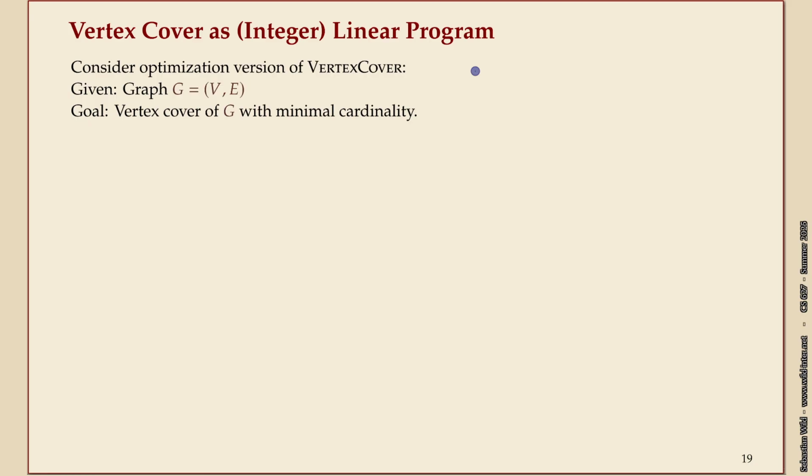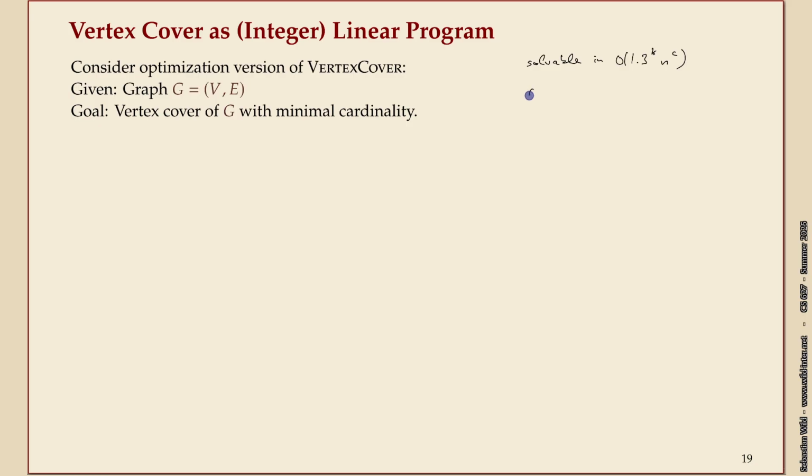Well, this was the best result that I only cited in the previous unit. So we know that, from the perspective of fixed parameter tractability, this is a relatively tame problem. But let's look at it again from the kernelization perspective.